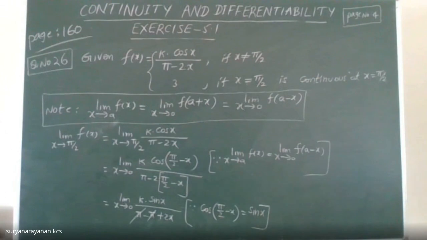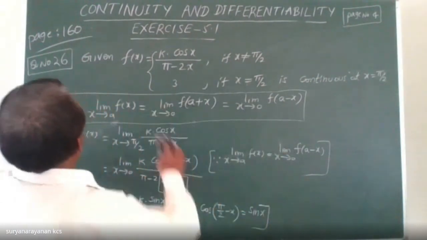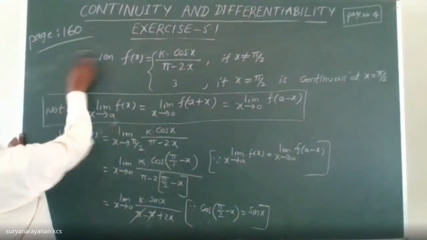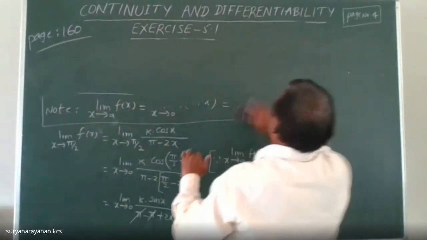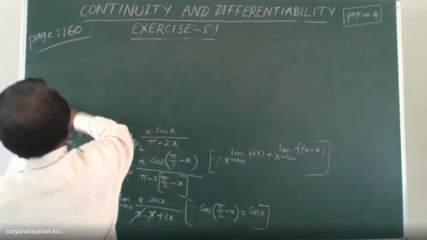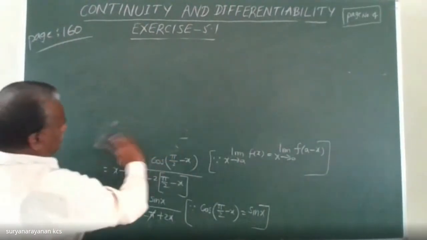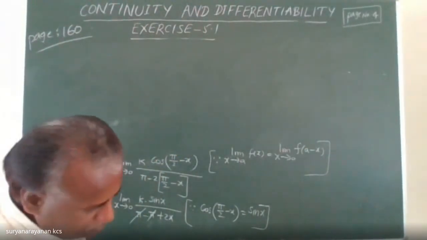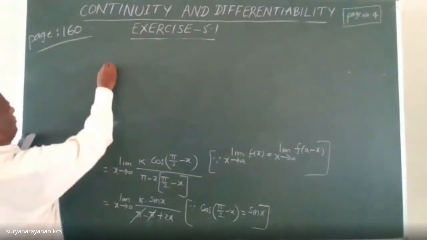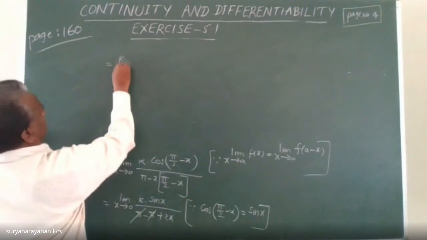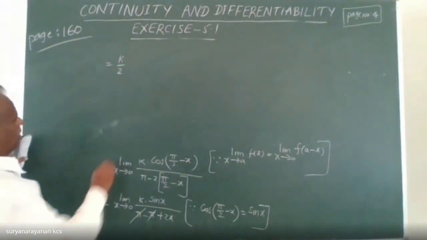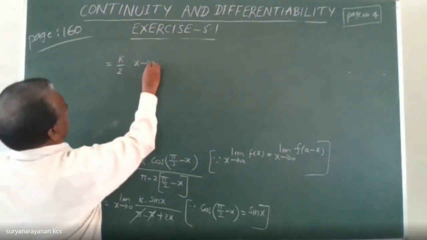Yes. See, next step. That is equal to k by 2 into, as x tends to 0, limit.